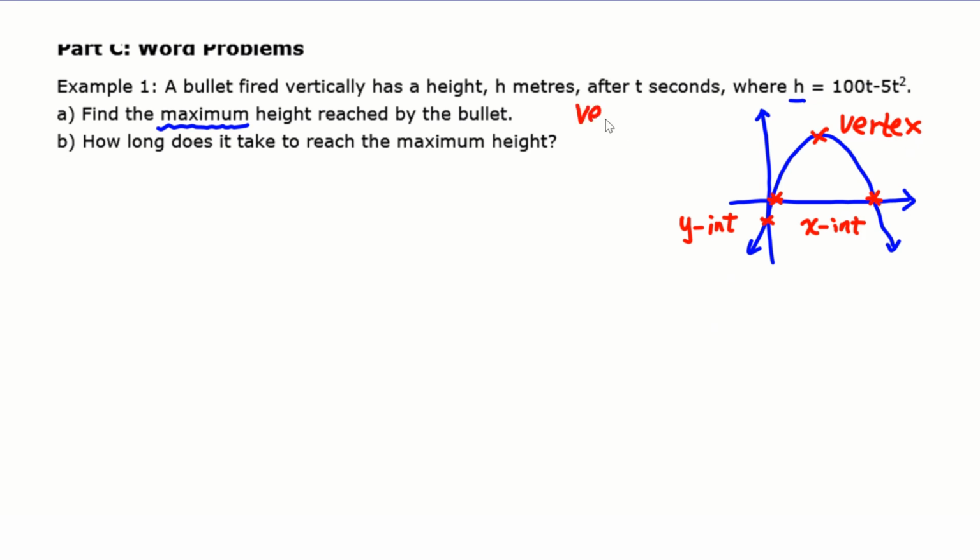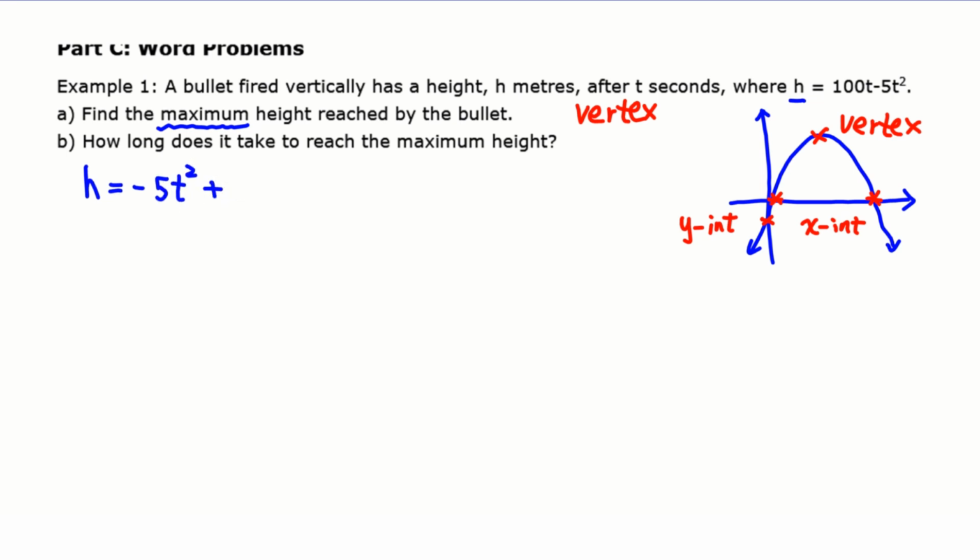So if we are looking for vertex, you are going to use today's 2 methods, either factoring or completing the square to find the vertex. So this one, H equals -5t squared plus 100t, we want to write it in standard form. So write t squared first.